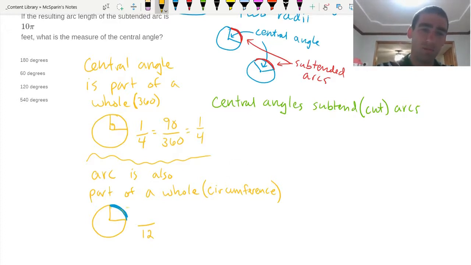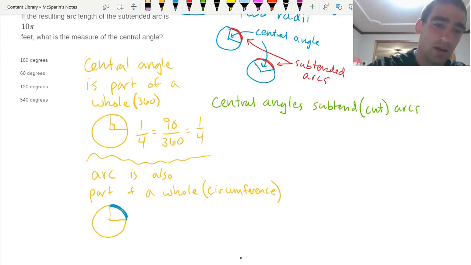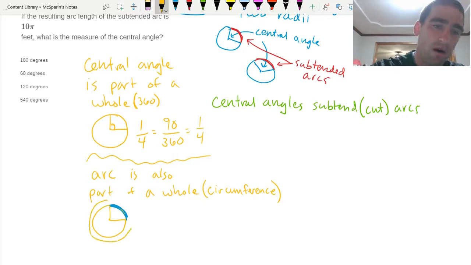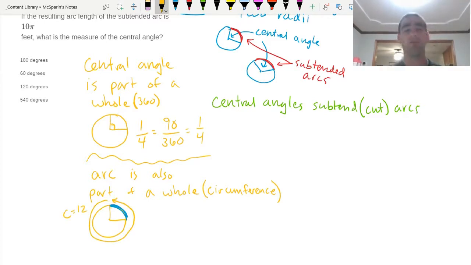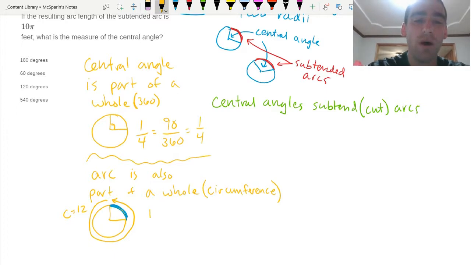Maybe we can draw it out like this. If I go all the way around the outside, what if I said the circumference was 12? Then the question would be, what is that arc out of 12? Well, we all know that's 1/4, and you guys could probably figure out that 1/4 of 12 is 3.